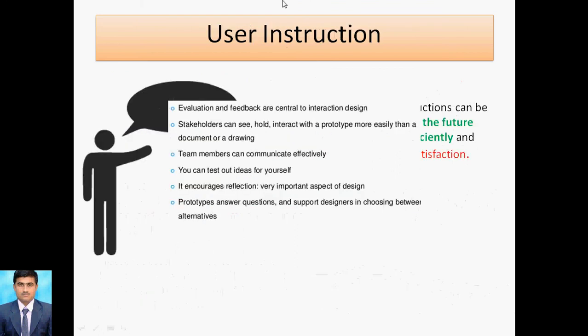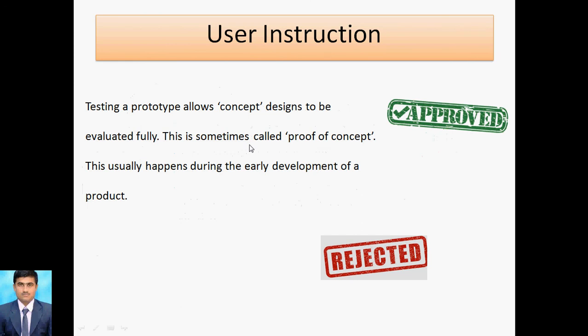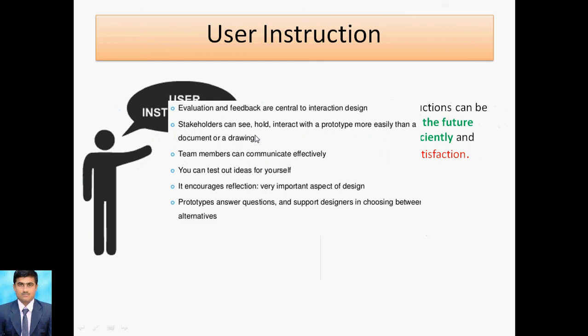The next point we'll discuss is user instruction. The user instructions will help to improve the previous ideas and then get the new product into the market. It encourages reflection from every perspective. This will help to make a solution for the product.